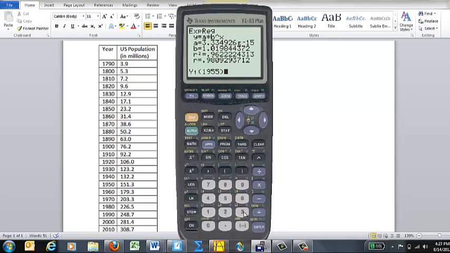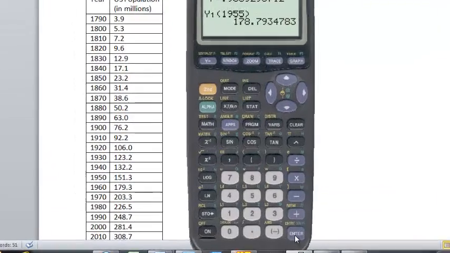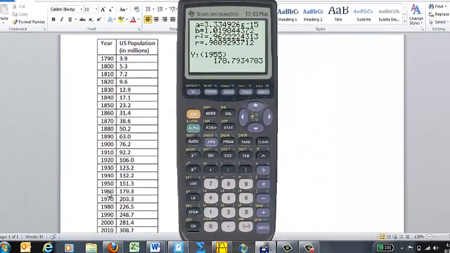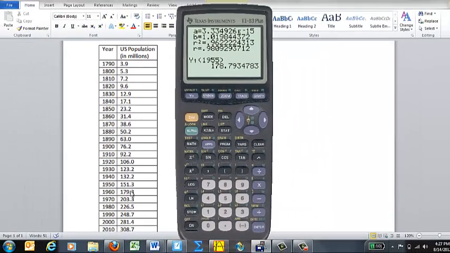It's going to interpolate and tell us approximately what it believes the population would have been in 1955, and it has it at 178.8 million, which is between these two values, but pretty close to 1960. If we wanted to see what our exponential model predicts for that same year, we can hit second enter, which brings back the previous entry and allows us to edit it.